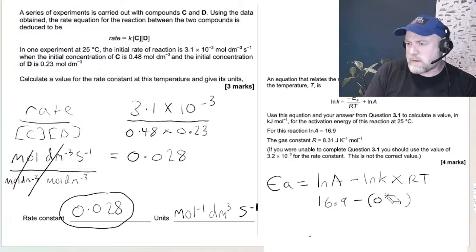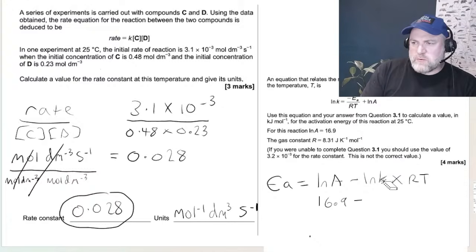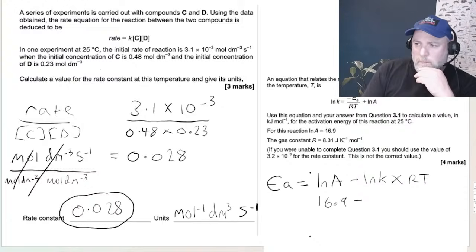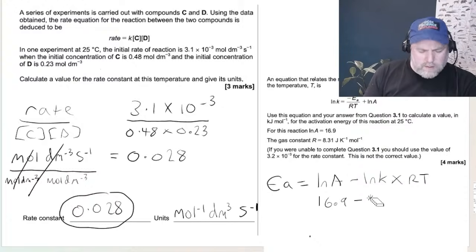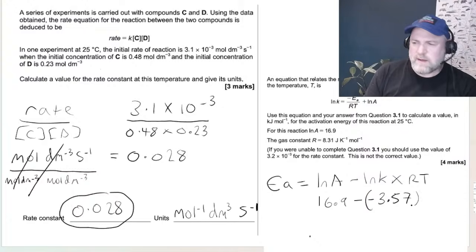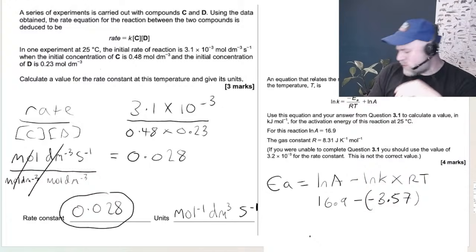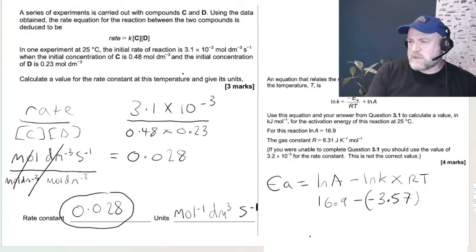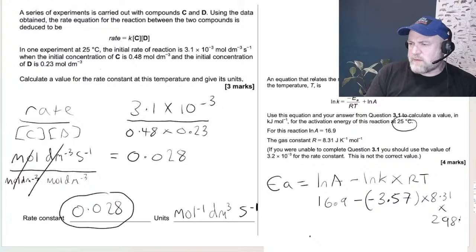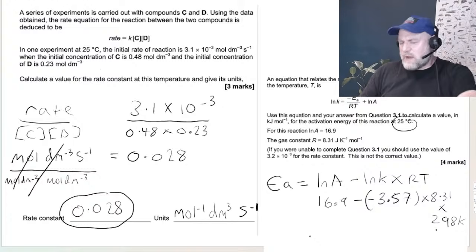So if you natural log K, you're going to get minus 3.578. Then 16.9 minus that, what does that equal? And then we want to times RT. R is 8.31. And then temperature in Kelvin is going to be 298, right? 25 plus 273. Anyone got an answer yet?